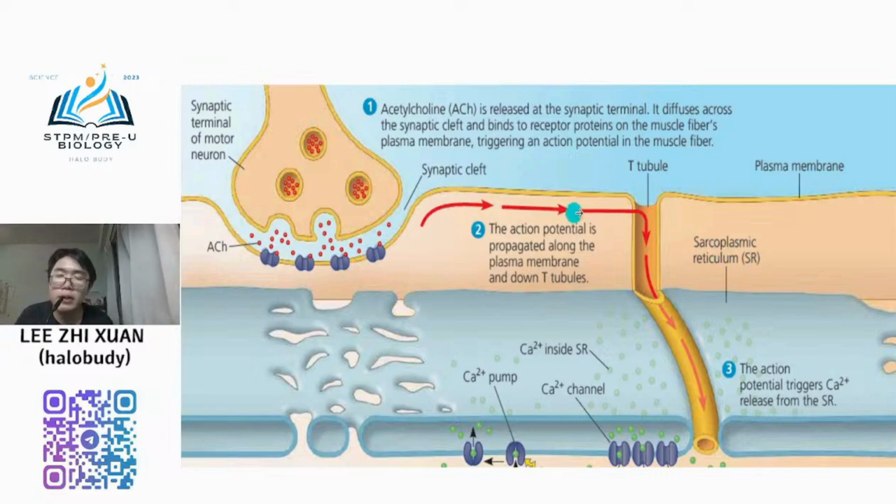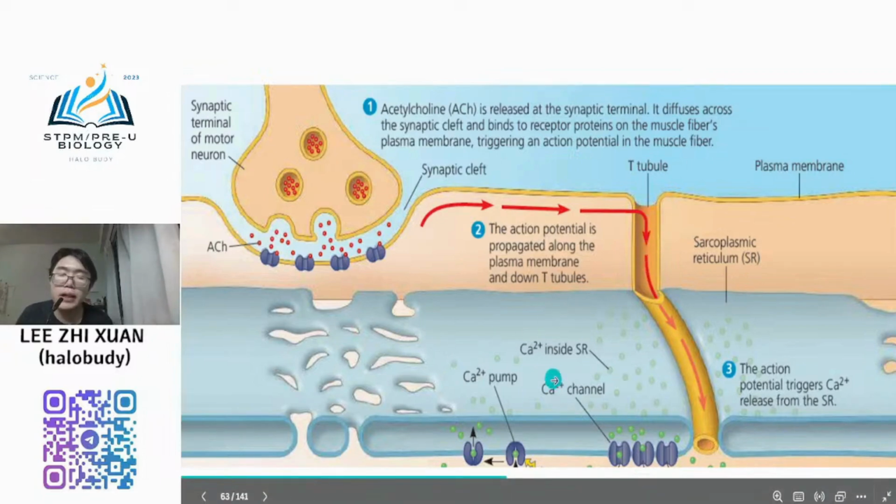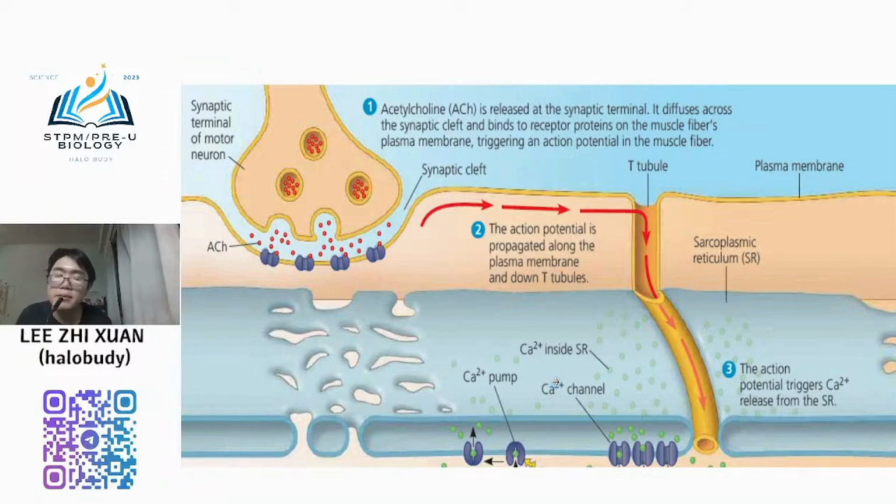The action potential will pass through the T tubule, which goes deeper to the blue part we call the sarcoplasmic reticulum. If you still remember from Sem 1, the sarcoplasmic reticulum is one type of smooth endoplasmic reticulum.